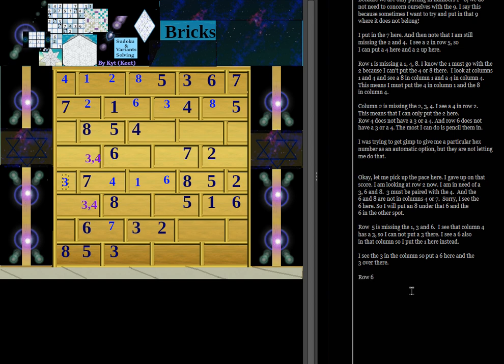Row 6 is missing a 2, 7, and of course the 3 and 4.